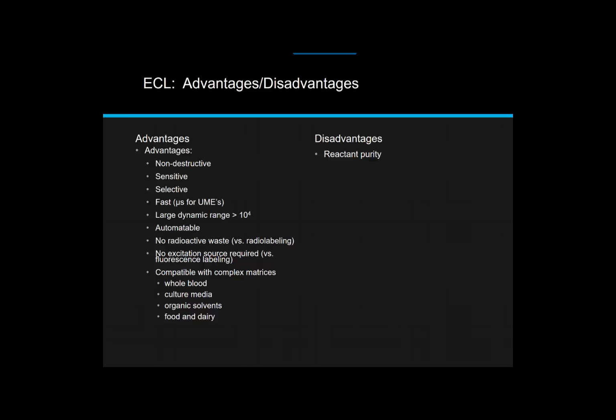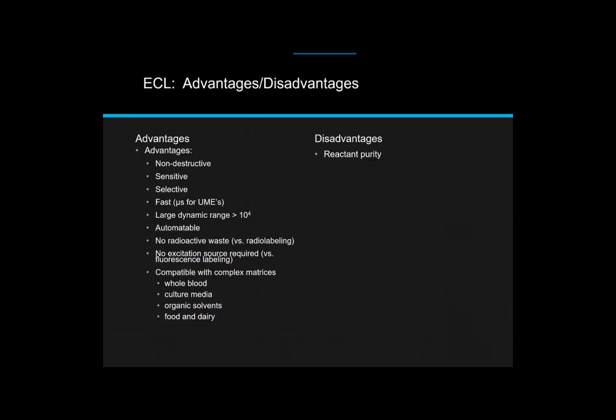You can carry out your assay and look at concentrations over 4 decades of concentration. Since there are 4 major manufacturers, it should make sense to you that this is a very automatable technique. If you're talking about clinical assays or biodefense, well, you don't want to deal with radioactivity and you don't want to deal with the waste.